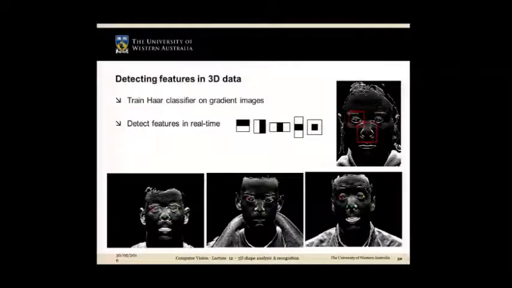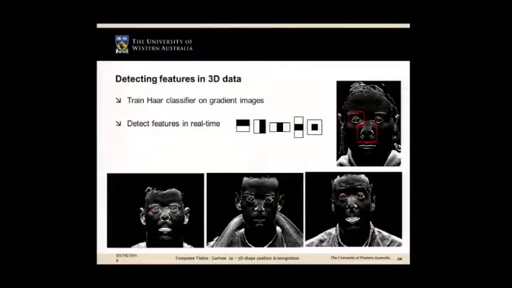Let's say you train your classifier to detect a landmark or a key point on your left eye. What will you do for the right eye? Flip the image. You flip the image and use the same classifier, the same detector, because our face is symmetrical, right?